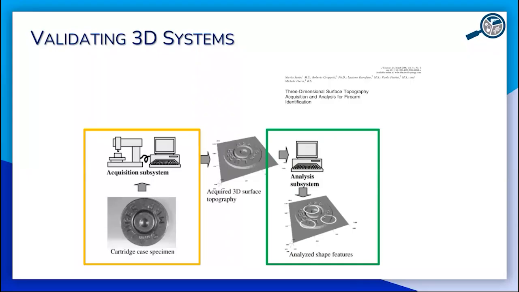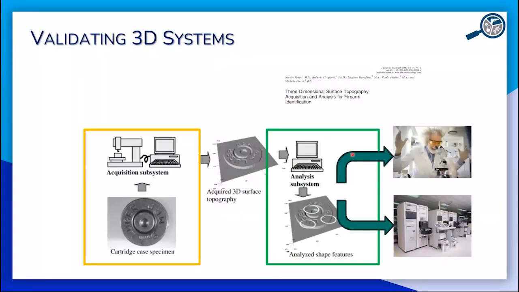And when you think about the analysis system, you can further subdivide that. First, maybe we're using humans as the analysis system, and that would be the VCM, the virtual comparison microscopy. So rather than using a light comparison microscope, you're now using the computer screen and software to perform your comparisons.